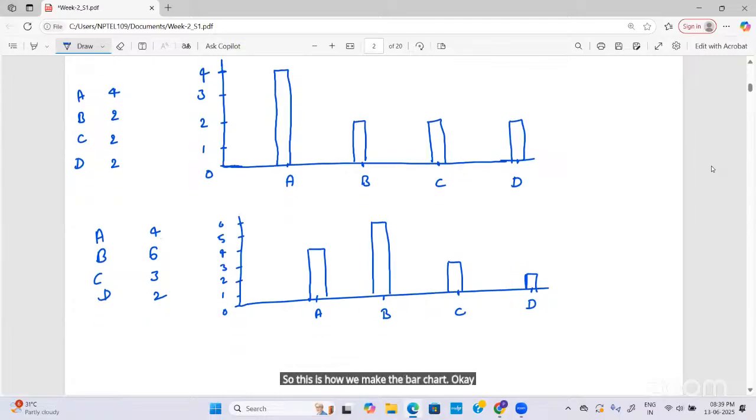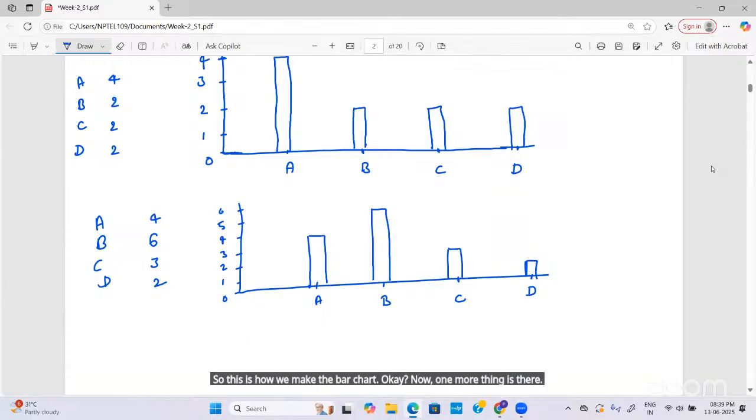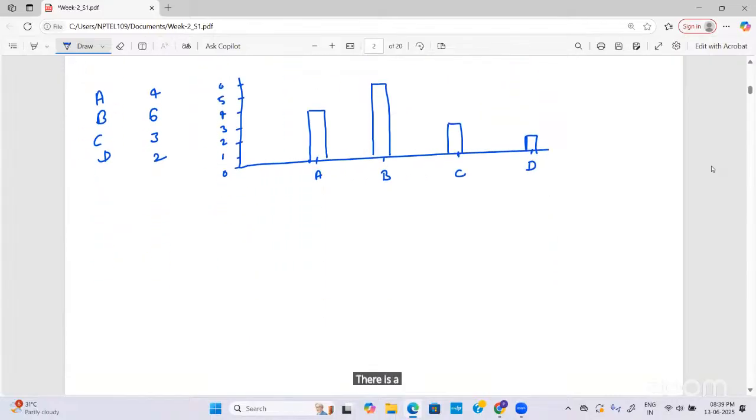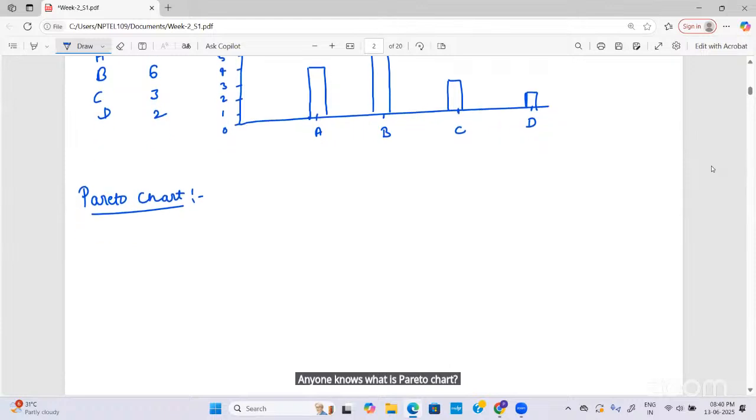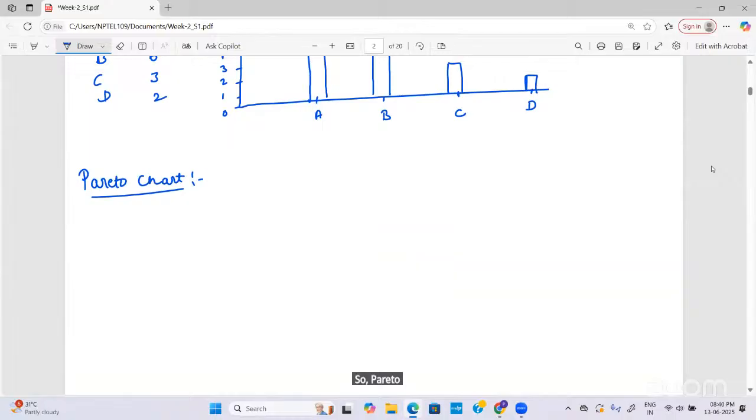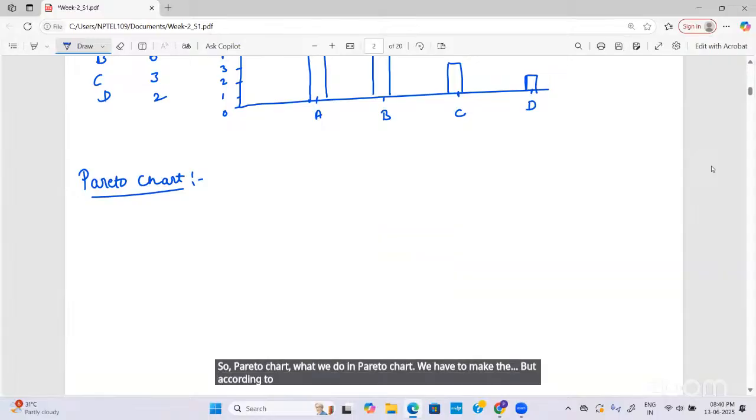Now one more thing: there is a Pareto chart as well. Anyone knows what a Pareto chart is? In a Pareto chart, we make the bars according to their frequency.